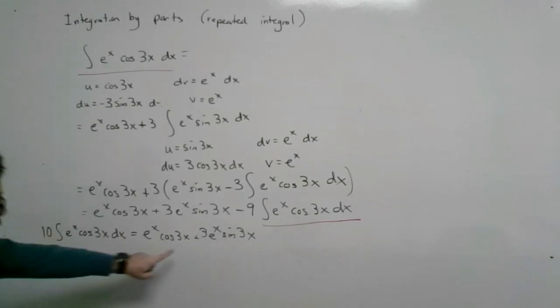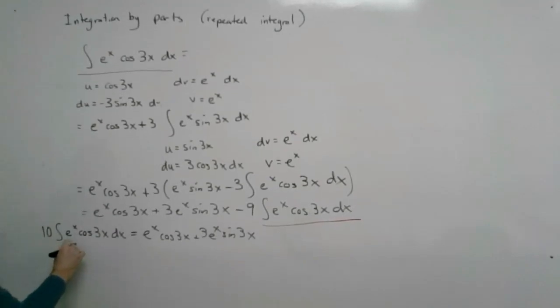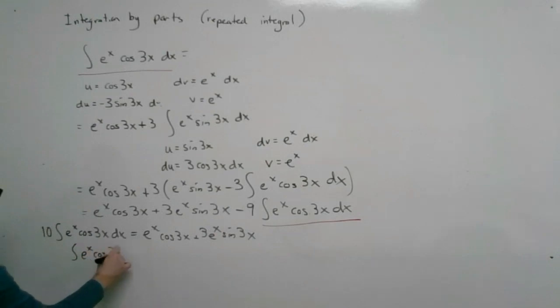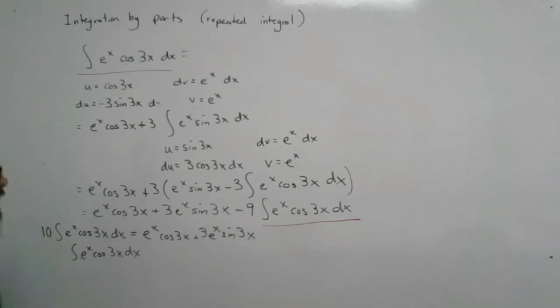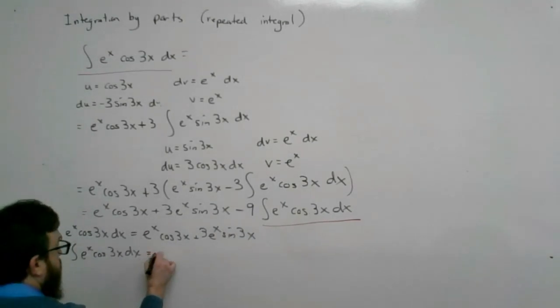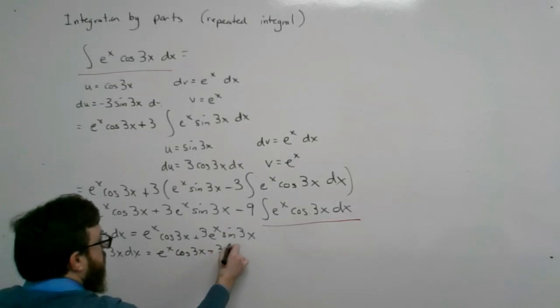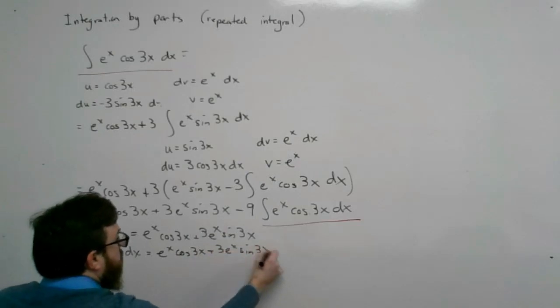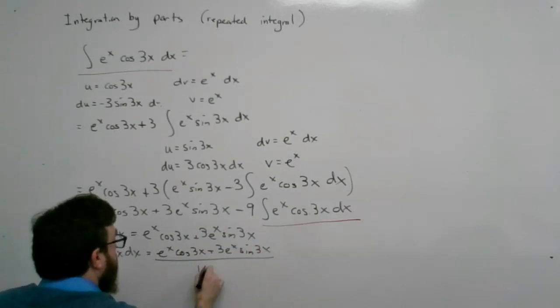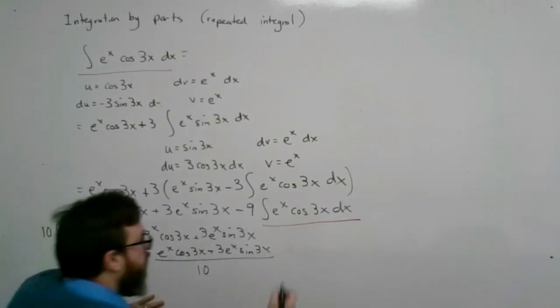So I'm going to take this 10 and divide it to the other side. So the integral of e to the x cosine 3x dx is going to be this side of the equation divided by 10. So e to the x cosine 3x plus 3 e to the x sine 3x, all divided by 10. And remember that you still have your plus c.